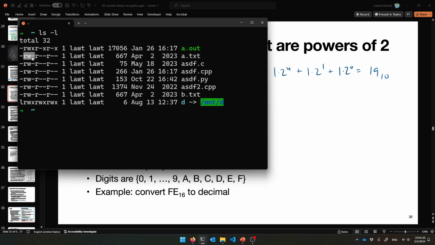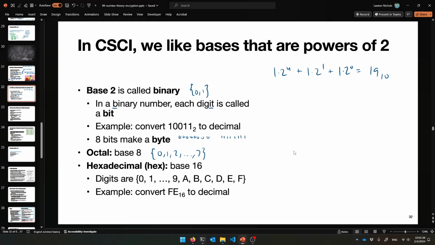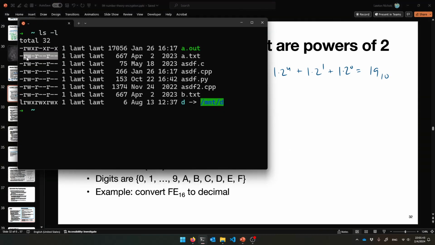And so you have 3 options, right? You have 3 bits for the owner's permissions, 3 bits for the group's permissions, and then 3 bits for everyone else's permissions. And those numbers, those add up to 8, right? You have 8 options for reading, writing, and executing something as a user. So it makes sense to be able to change these permissions using octal numbers.